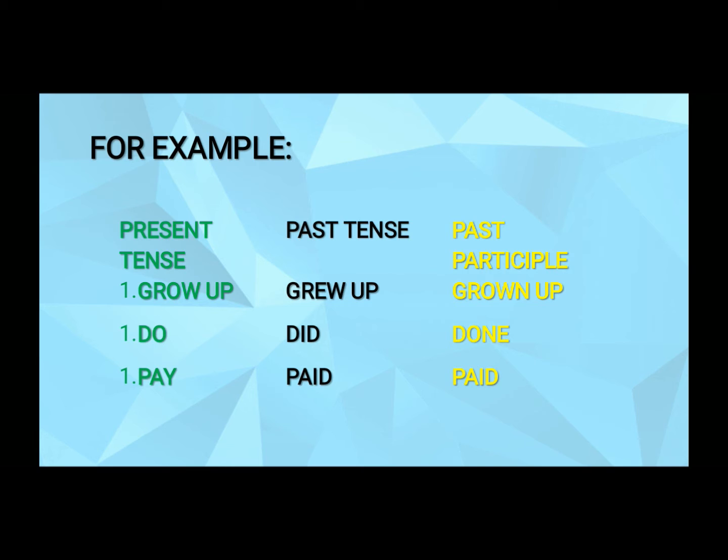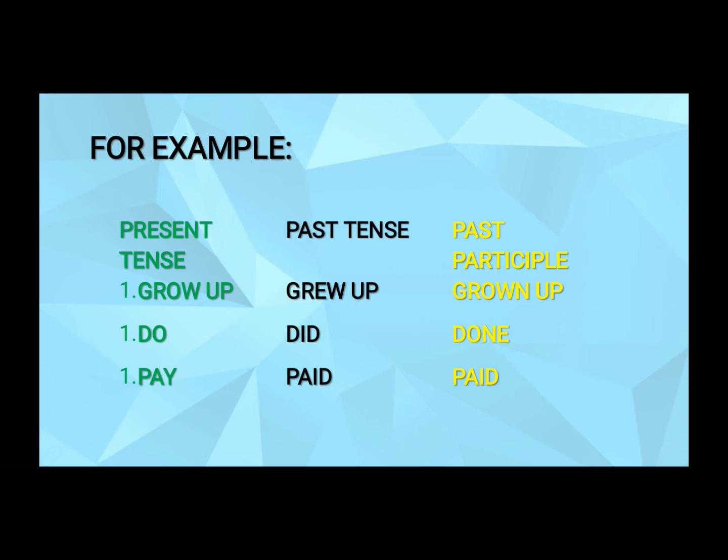For example, present tense: grow, do, pay. Here we have the past tense and the past participle. So, for example, again, grow, present; grew, past; and grown, past participle. Do, did, done.